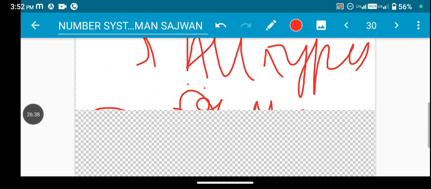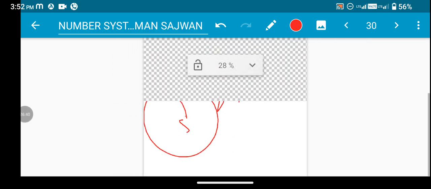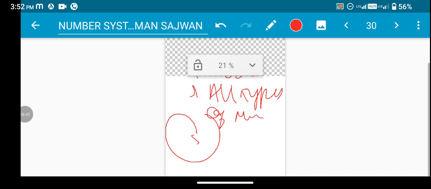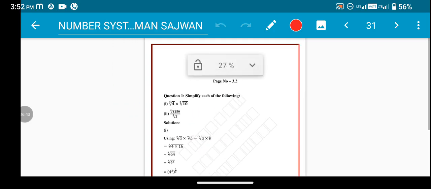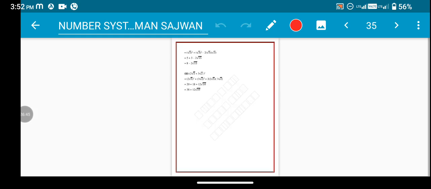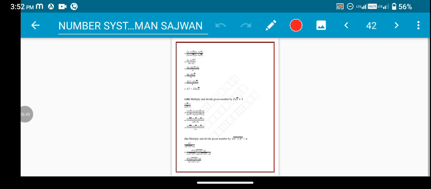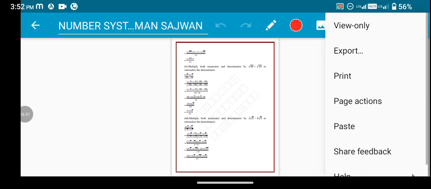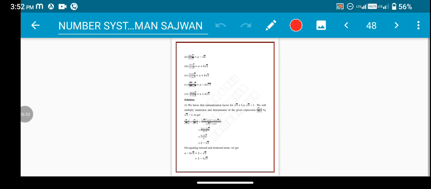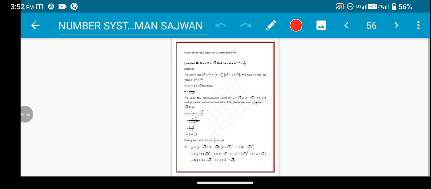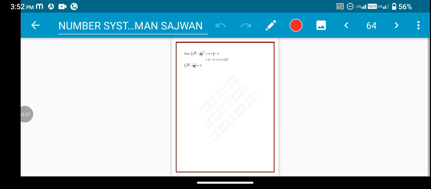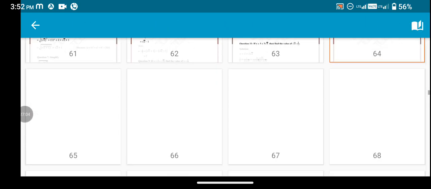Next class we will do these questions: rationalization, vulgar form, and some laws of exponents. I have so many questions about this.